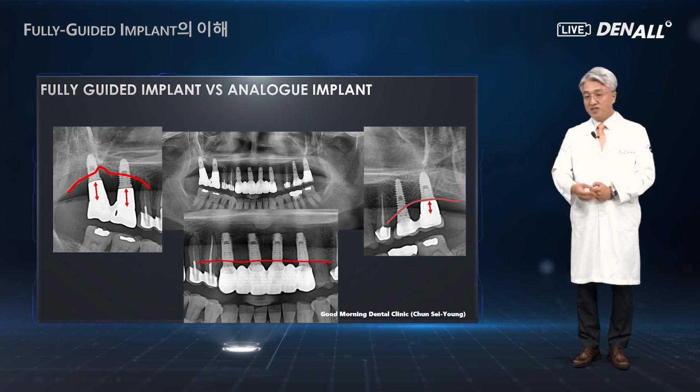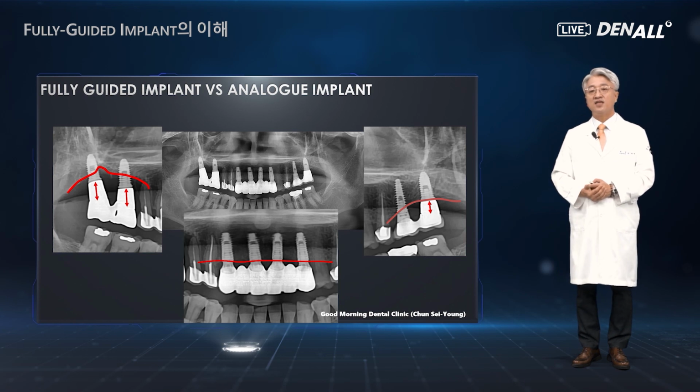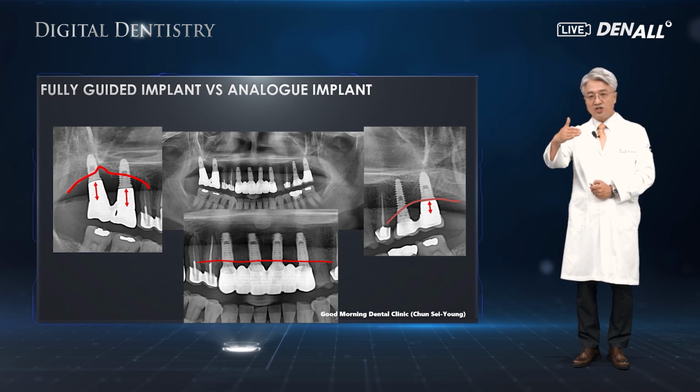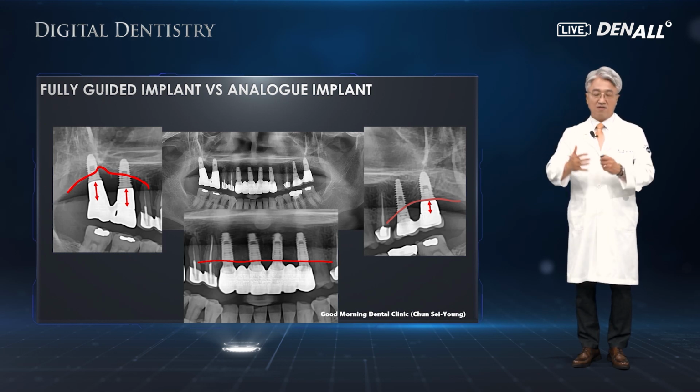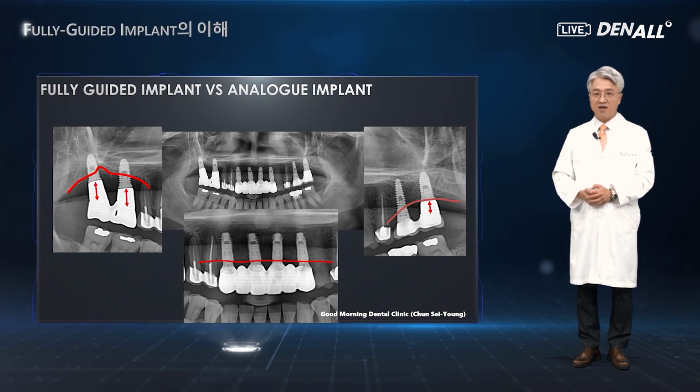In the alignment, if I try to align them just manually, I don't believe the bone level that I desired could have been achieved. So with the guided surgery, the angles and positions of implants were made as planned. As a result, a prosthesis like this was achieved.